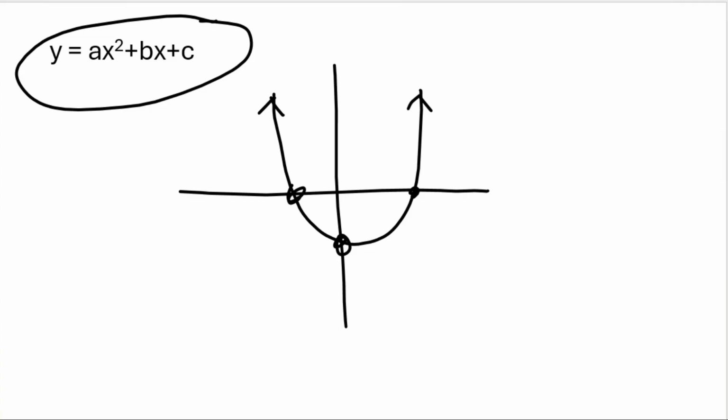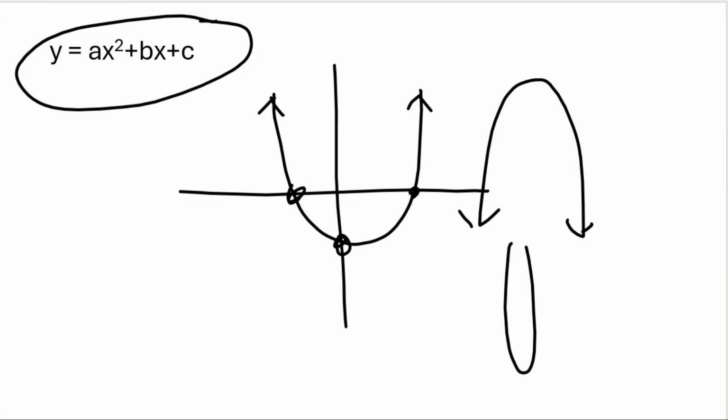If a is negative, then the parabola will actually face the other direction. If a is greater than 1, then the parabola will tend to get squeezed. Or when I say that, I mean greater than 1 or less than -1. If a is in between -1 and 1, then the parabola will tend to widen like that.